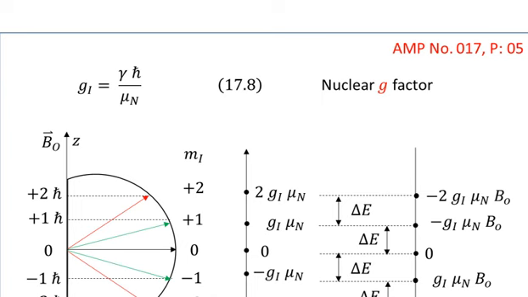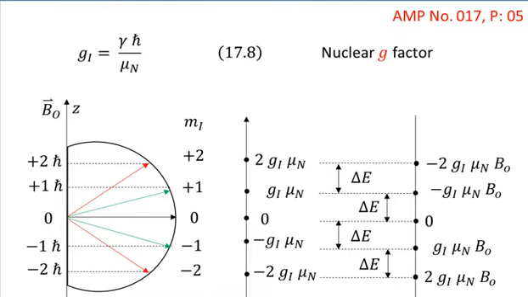So here the previous equation, that is equation number 7, has been solved for the value of Gi, where Gi is actually the nuclear G factor, because quantity I is associated with the spin of the nucleus. So Gi will be referred to as the nuclear G factor. And the nuclear G factor Gi has been defined by gamma into h bar over mu n, as shown in equation number 8.